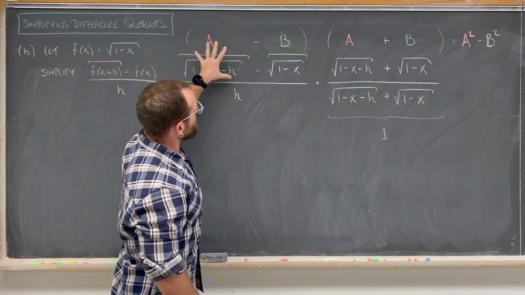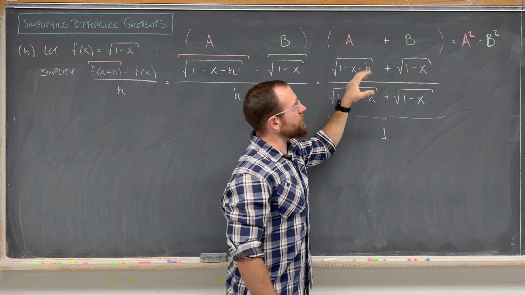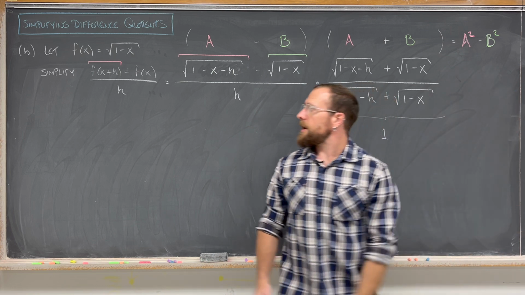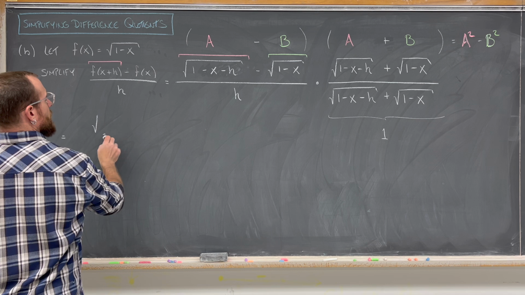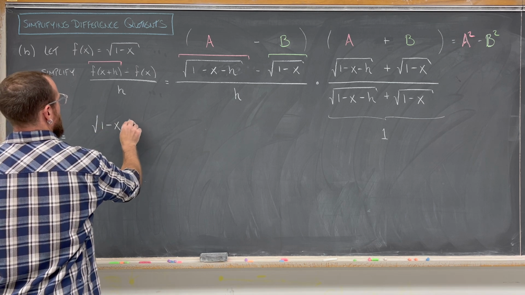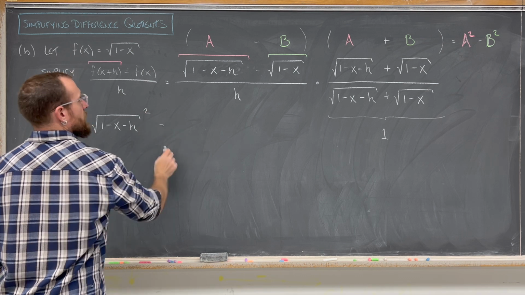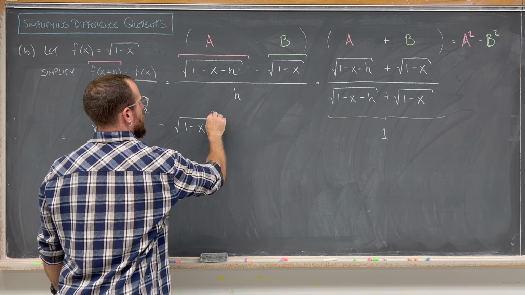When you have the difference of two things times the sum of those same two things, the result is the first thing squared minus the second thing squared. And so for us, that means you're going to have the square root of 1 minus x minus h, squared, minus the square root of 1 minus x, the second thing, squared.